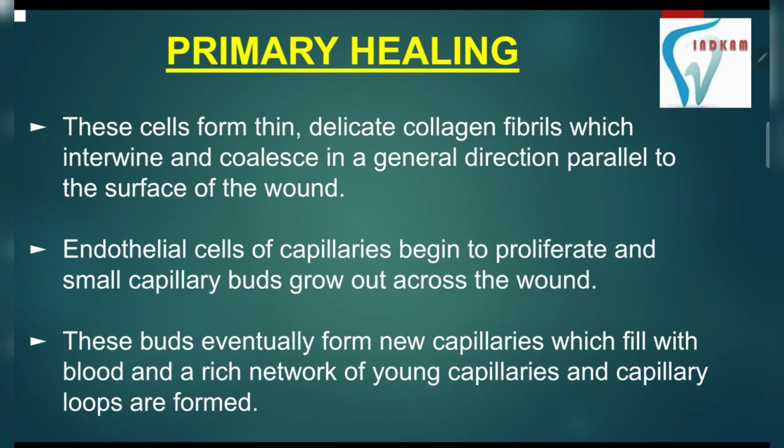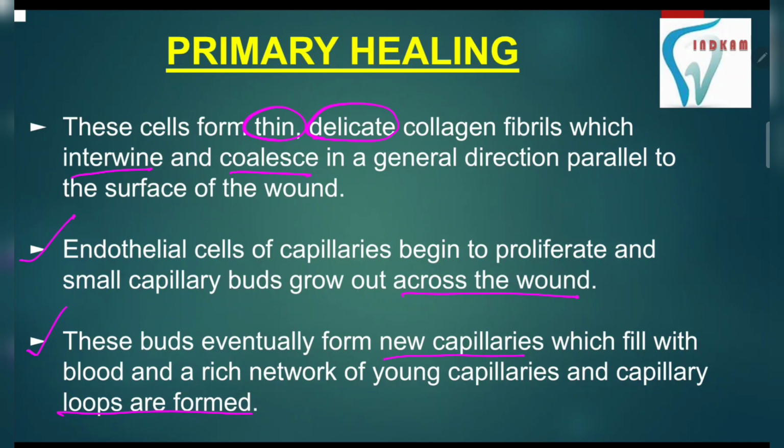These cells form thin, delicate collagen fibrils which intertwine and coalesce in a general direction parallel to the surface of the wound. Endothelial cells of capillaries begin to proliferate and small capillary buds grow out across the wound. These buds eventually form new capillaries which fill with blood, and a rich network of young capillaries and capillary loops is formed.